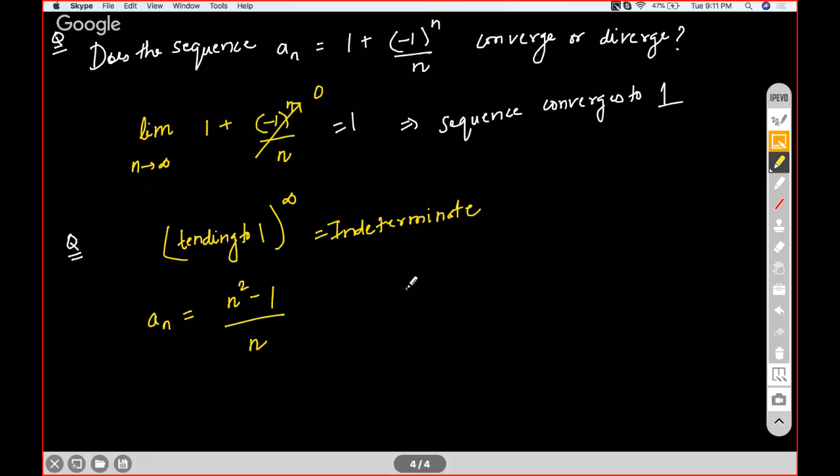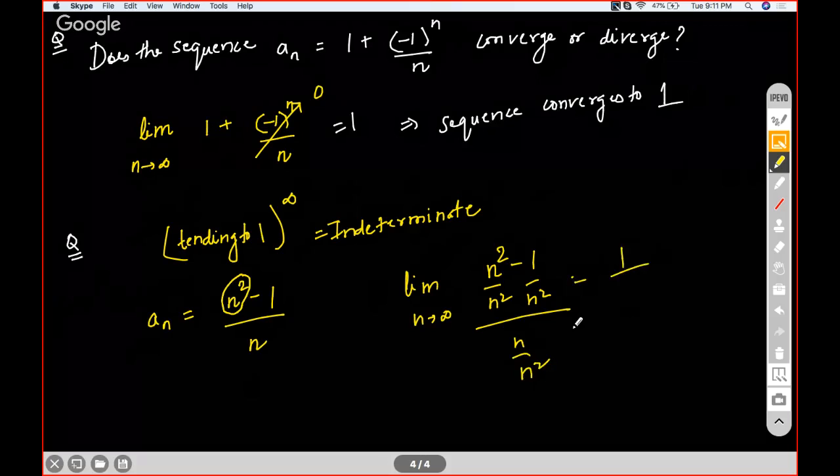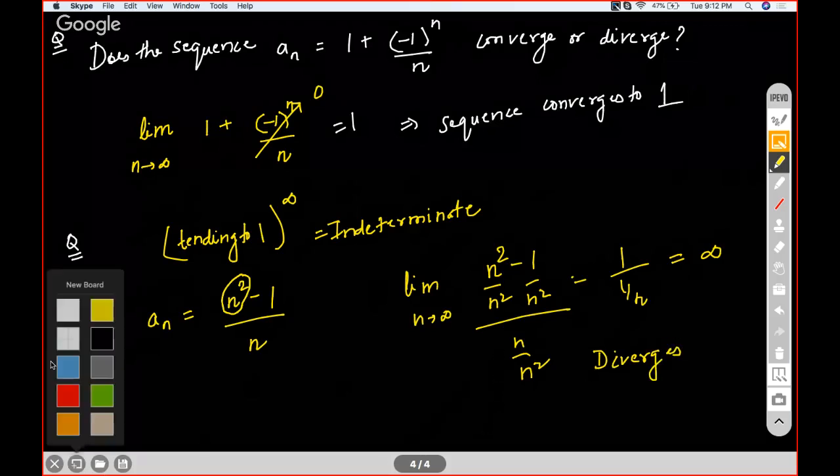So basically, the limit of this as n tends to infinity, if you divide by n square, you see the highest degree term here is n square, right? So if you divide throughout by n square, you will get 1 by n, that is almost going to again go to infinity. Okay? So this sequence diverges. Is that fine?